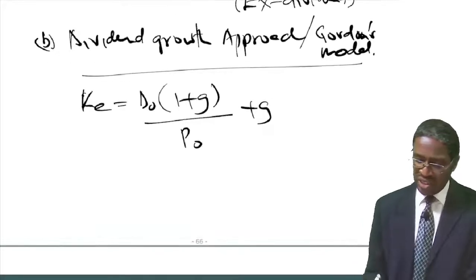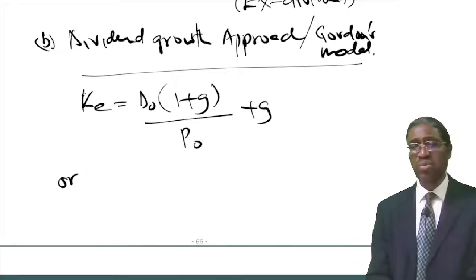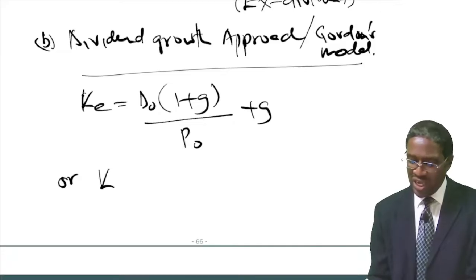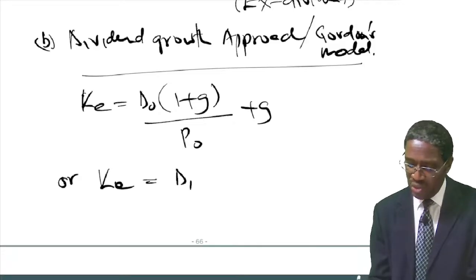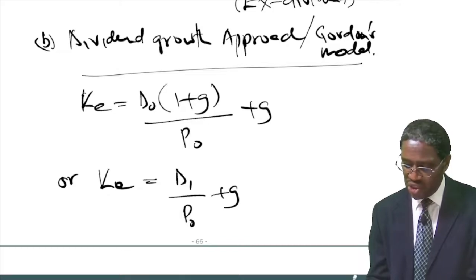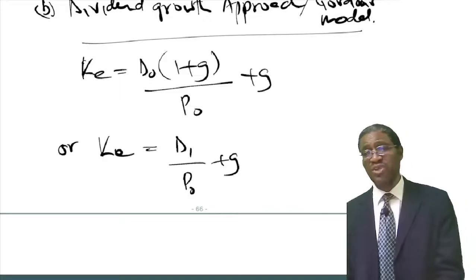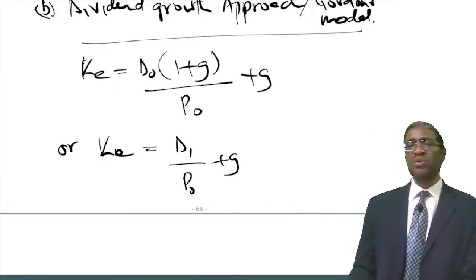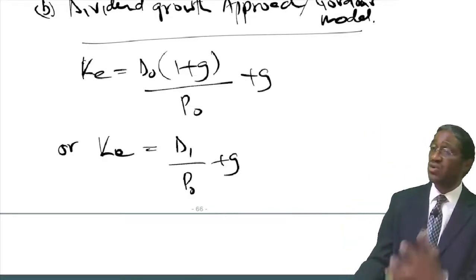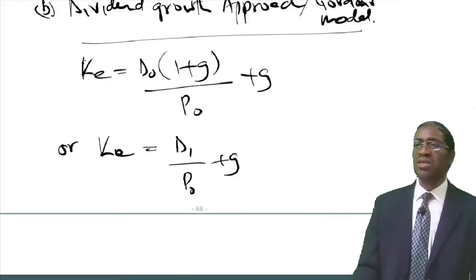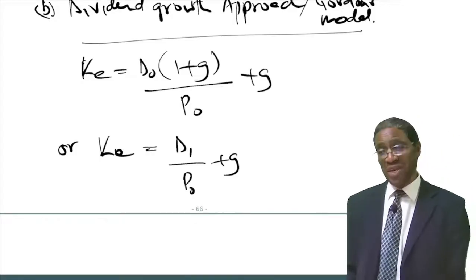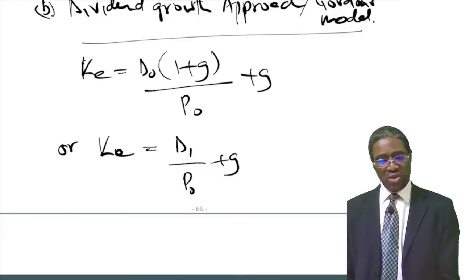Or you can put down KE equals D1 divided by P0 plus G. That's another way. I have already explained the difference. They give you the same answer, but the one you use depends on the question that you are given.